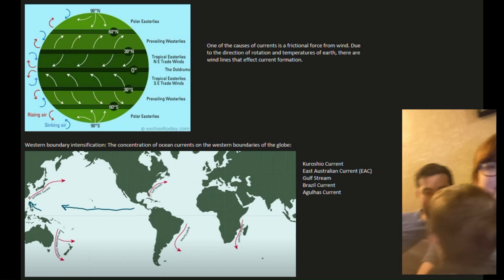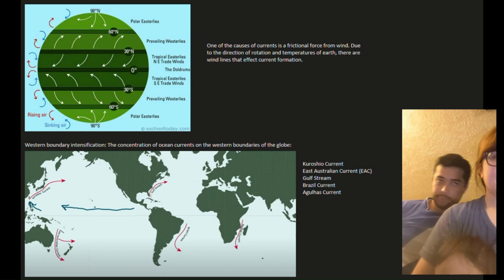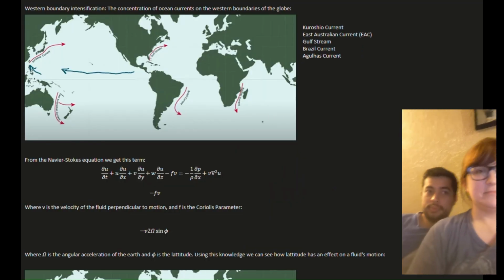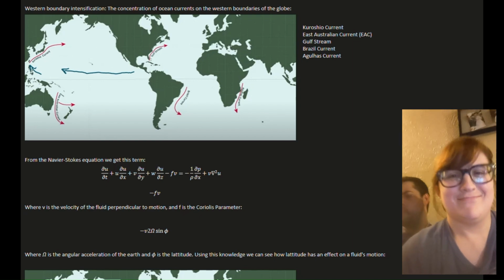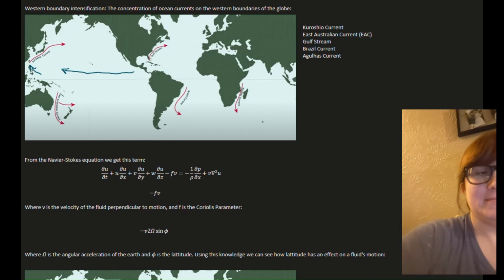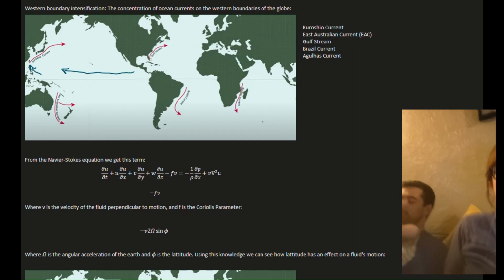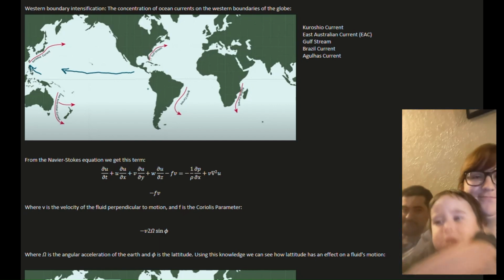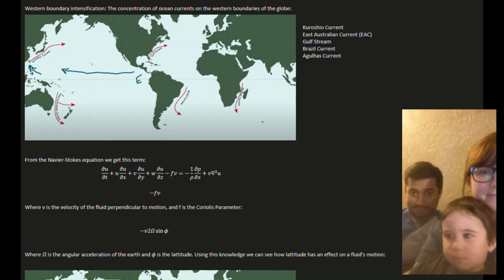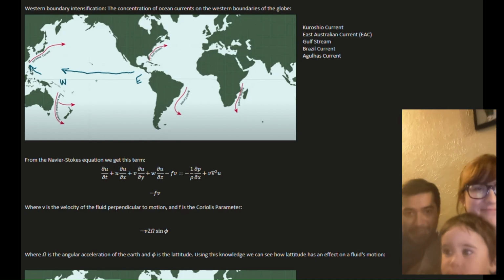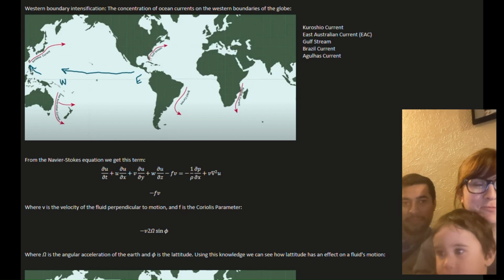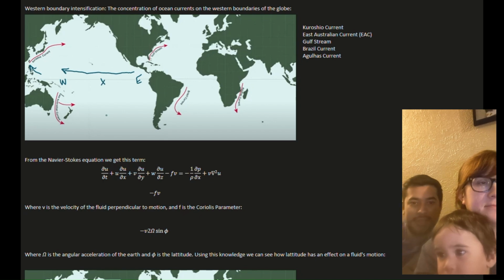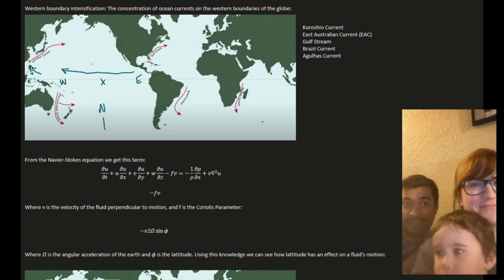So if we look at the Navier-Stokes equation, specifically the x-driven momentum for the Navier-Stokes equation. As this water is being pushed from east to west, we can consider this like a Cartesian coordinate. This is the x direction, and north to south would be considered the y direction.